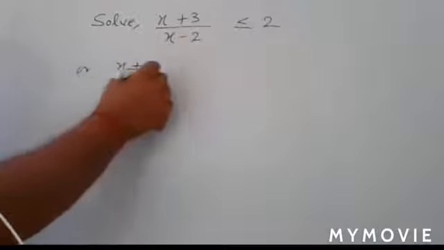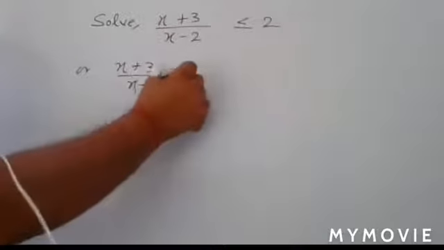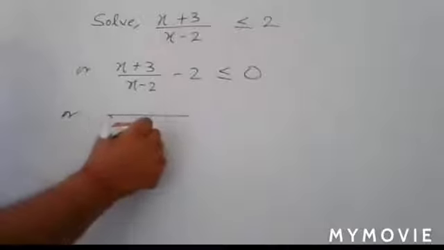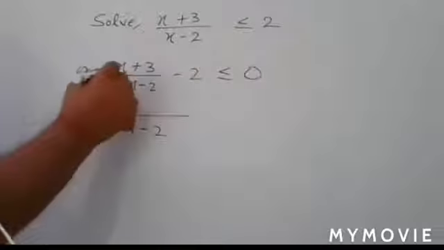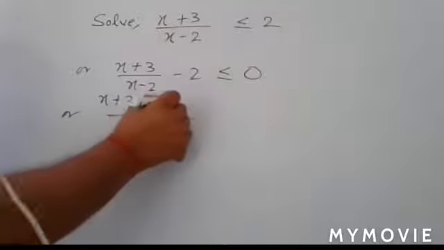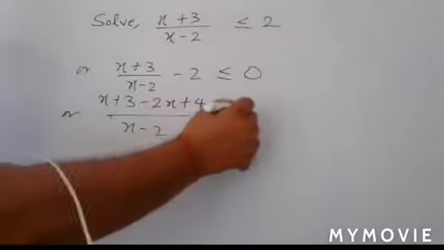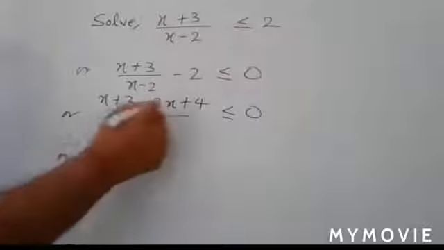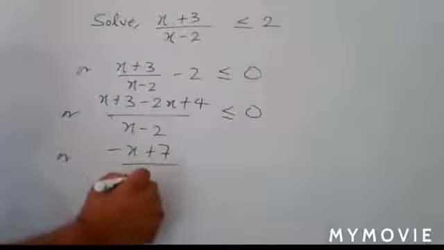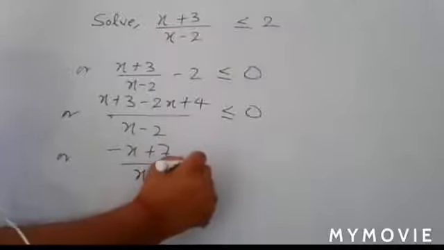(x + 3)/(x - 2) - 2 less than or equal to 0. x - 2 is your LCM. So here you have (x + 3 - 2x + 4)/(x - 2) less than or equal to 0, so (-x + 7)/(x - 2) less than or equal to 0.